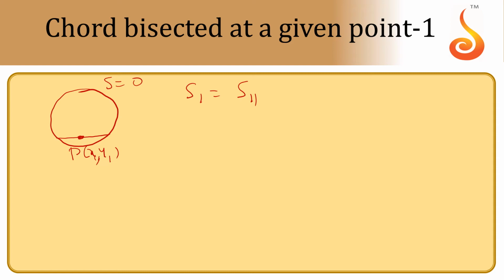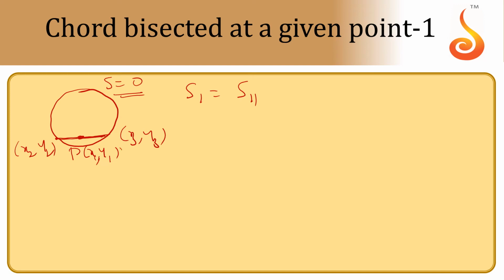So when the midpoint is given, you have several procedures to find this. For any curve, in the general procedure, you use (x2, y2) and (x3, y3) as the extremities of the chord, substitute these points in the given curve, and subtract the curve equations to get the slope.